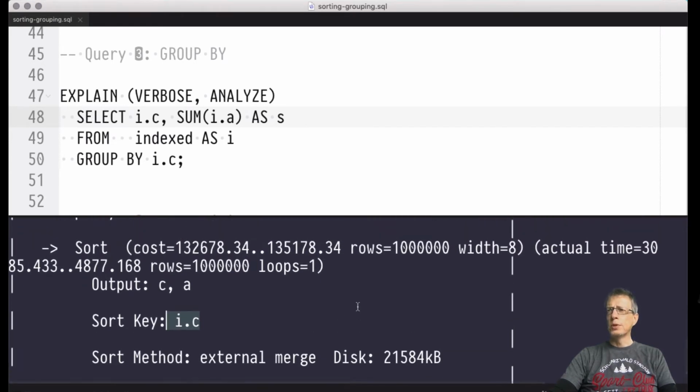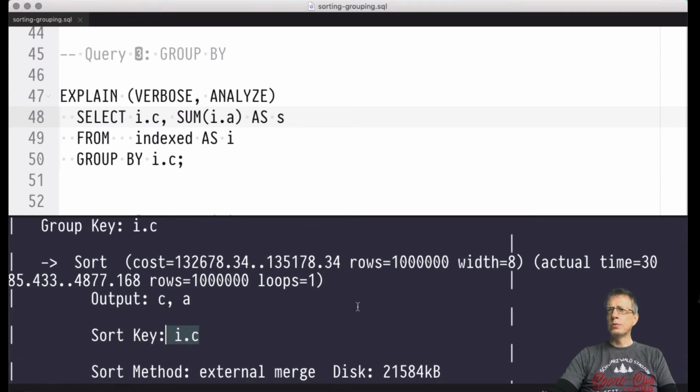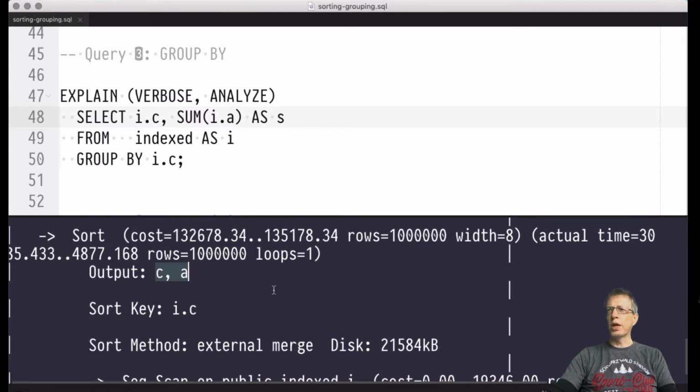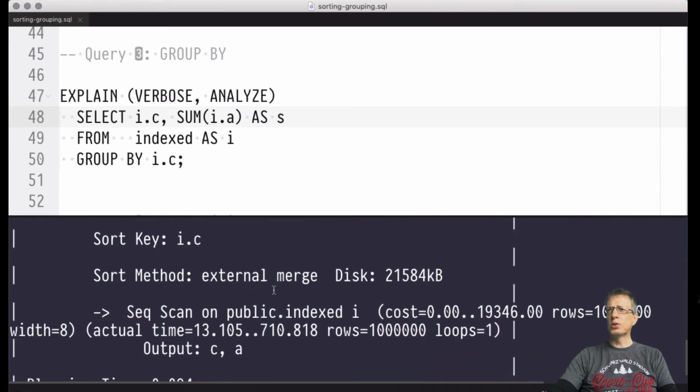All right. Disk space usage is a bit higher now because duplicates have to be taken into account here, but we may throw away the B column, the textual B column. This already saves some space when we create the sorting output here. But again, sorting takes the central stage here of this group by plan.